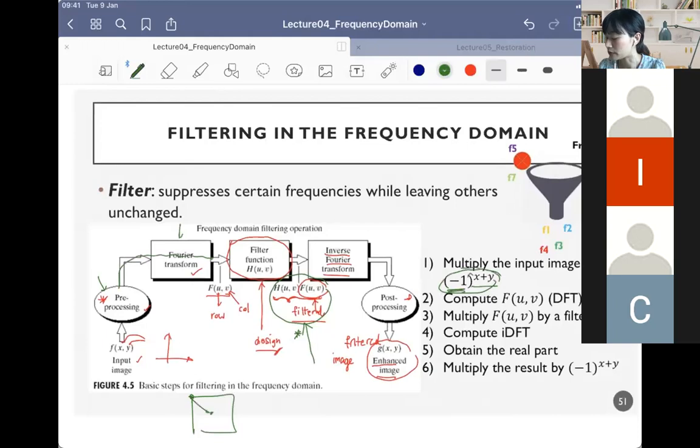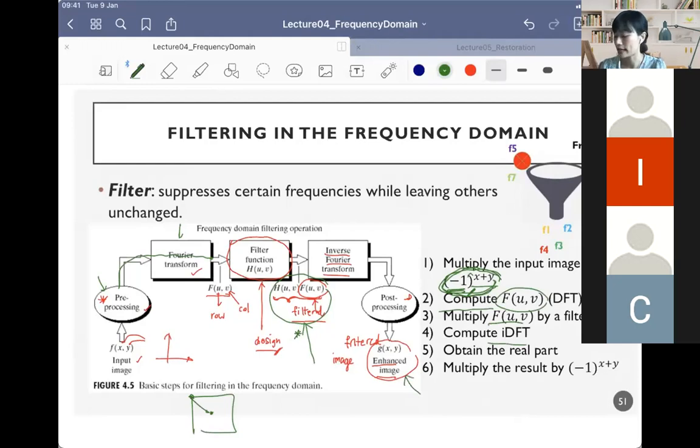You can multiply the original image using this factor, and once you compute the Fourier transform, you automatically get the origin at the center of the Fourier image. And then you can multiply it with your desired filter, and then you take the inverse transform to get the final enhanced or filtered image.